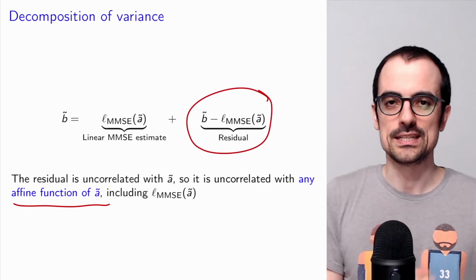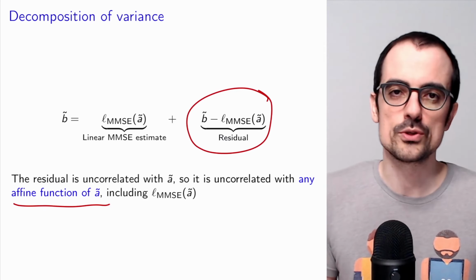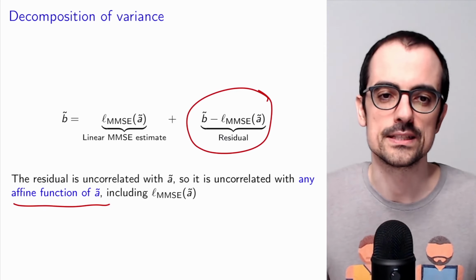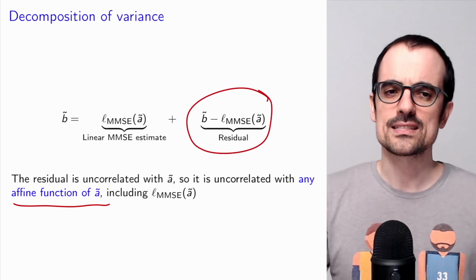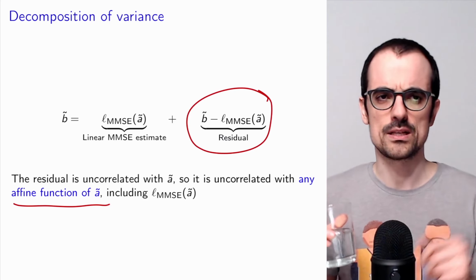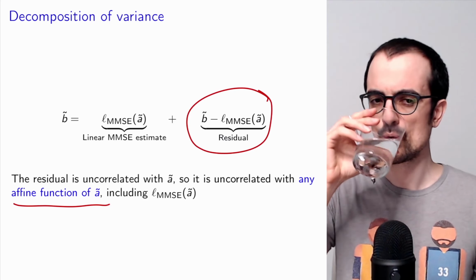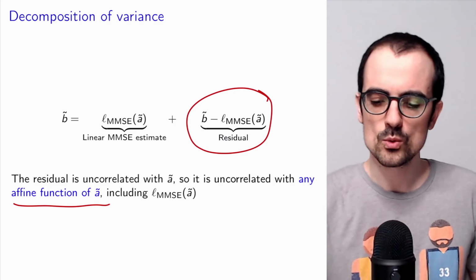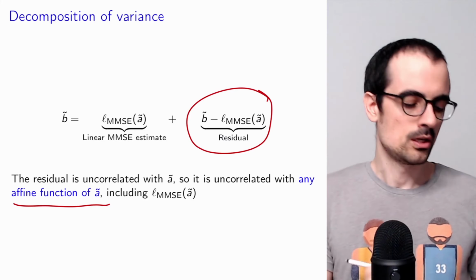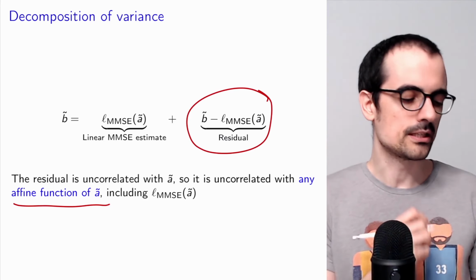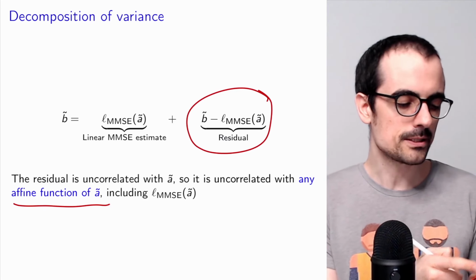This is pretty easy to prove using the properties of covariance, and we're going to leave it as an exercise, although we will do something quite similar in one of the following videos when we discuss geometric analysis of correlation. Okay, but for now, let's accept that the residual is uncorrelated with the linear estimate.